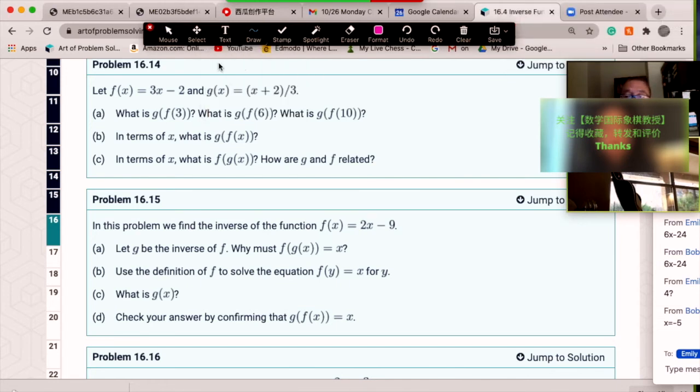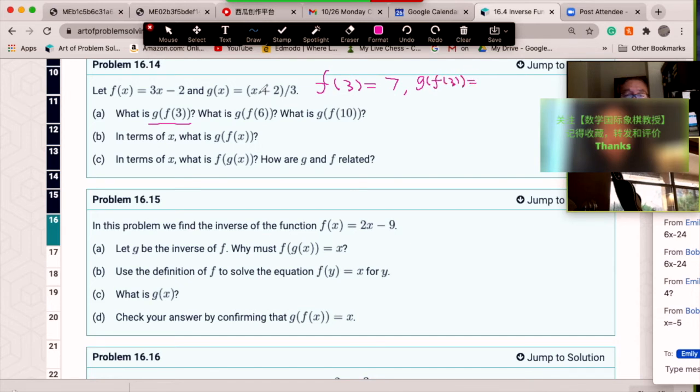So let's see. First, to calculate this, you need to calculate f(3). So f(3) equals what? That's very easy. Just plug 3 here. 3 times 3, 9. 9 minus 2, 7. Then you calculate g(f(3)).